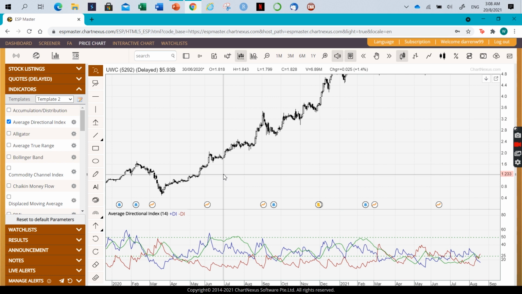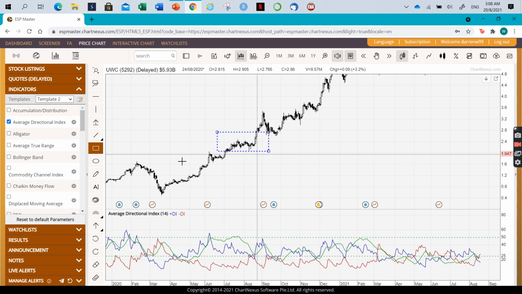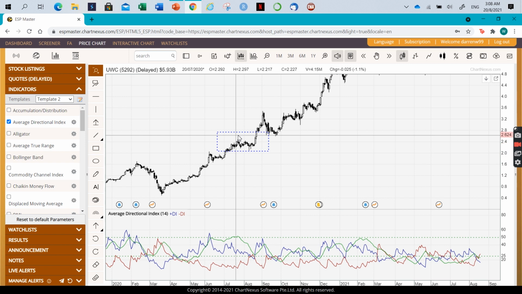And notice something. Remember how the ADX line tells you the strength of a momentum? I want you to pay attention to this particular area. This area was an area of consolidation, and before this, there was a trend. You can see from the ADX that during this trend, the ADX stayed near the 50 line.